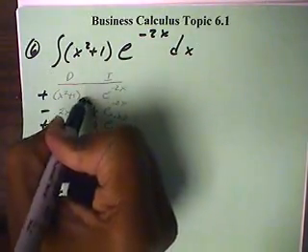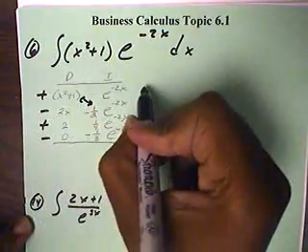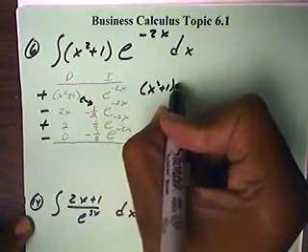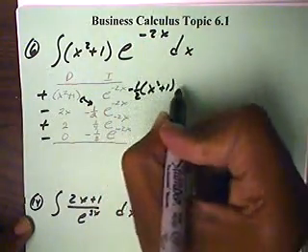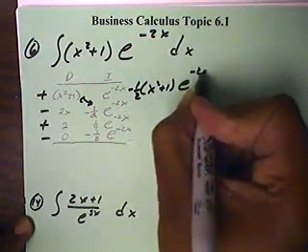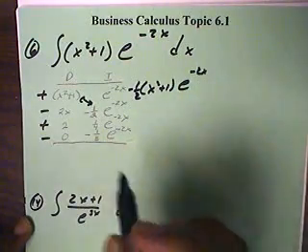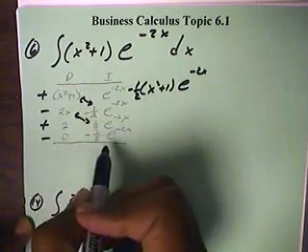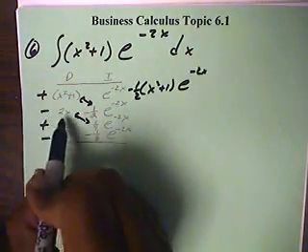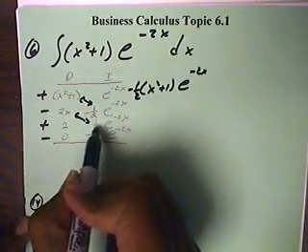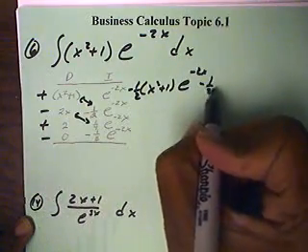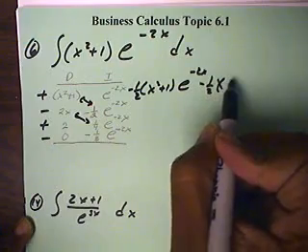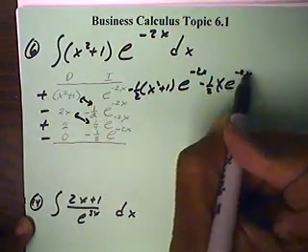Now, the combination of these two will give us x squared plus 1, the negative 1/2, and the e to the negative 2x power. The combination of these two will give us the negative 2 and the 1/4, which will give us negative 1/2, and we'll have x and e to the negative 2x.